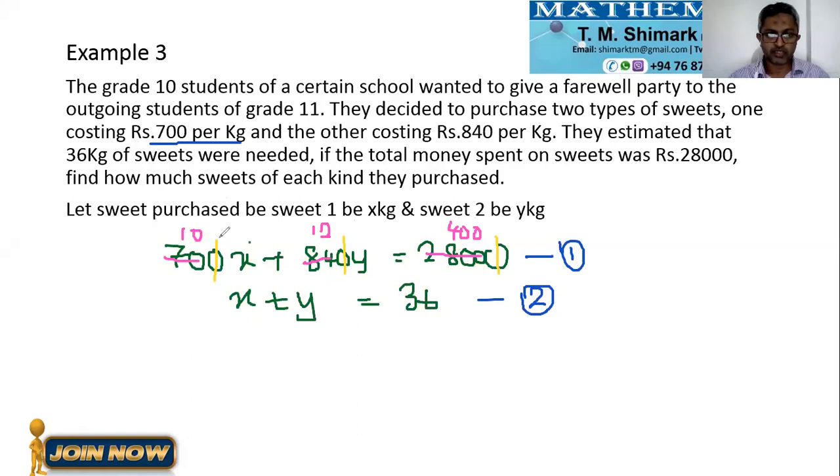Yes, divide by 2, yes, I get 5, 6, and 200, right? So now I have rearranged this first equation as 5x plus 6y equals 200, right? Now this will be my new equation 3.